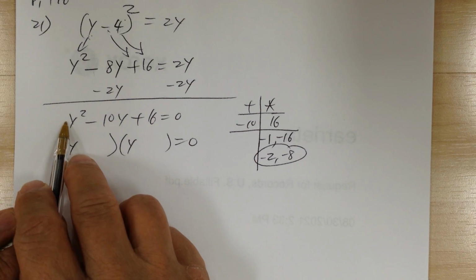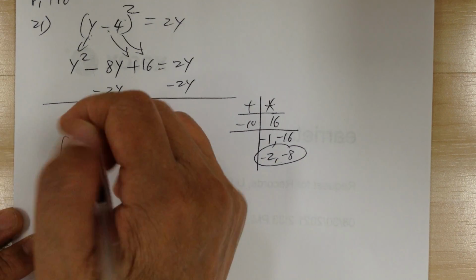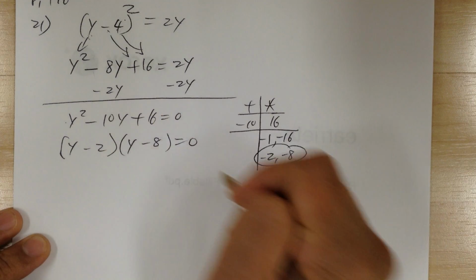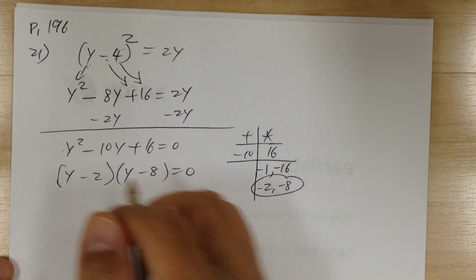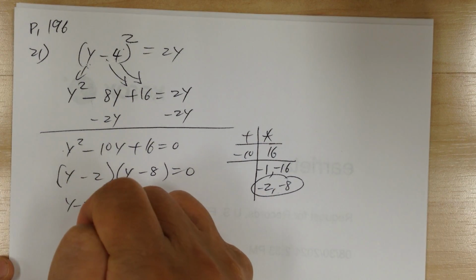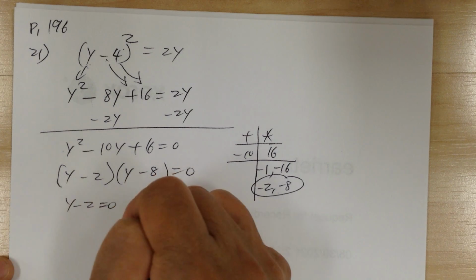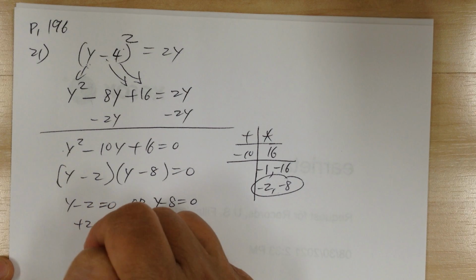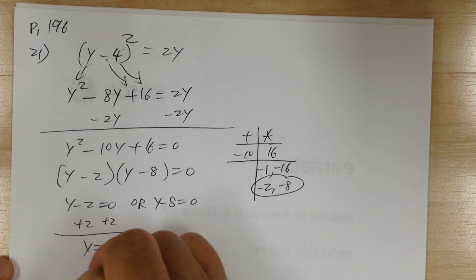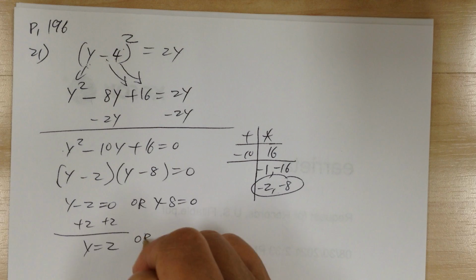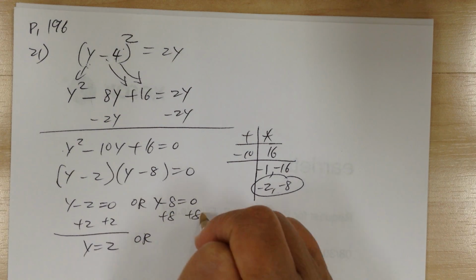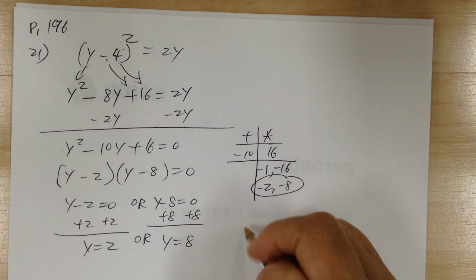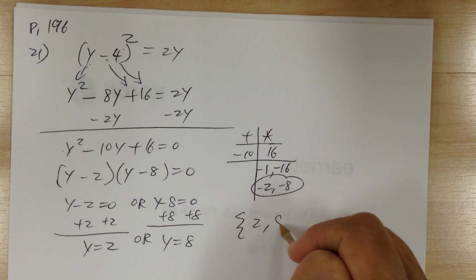And the coefficient is 1, so you can just put this in here. Then after that, set it equal to 0, applying the 0 product property. Okay, and then plus 2 on each side. So you got y equal to 2, or plus 8 on each side. So y equal to 8. So your solution set would be 2 comma 8.